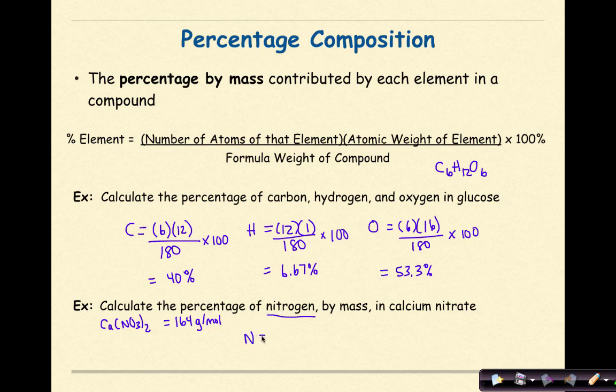So nitrogen equals, how many nitrogens in this compound? Well, there's 2. The atomic mass of nitrogen is 14. I'm going to divide everything by 164 and multiply it by 100. When I do this, my answer is 17.1% nitrogen. So here are 2 examples of how to do percent composition problems.